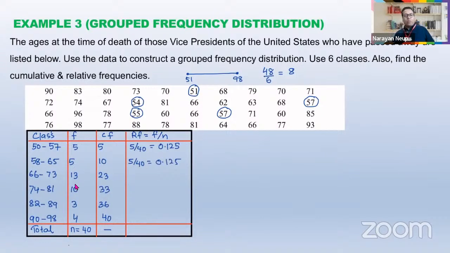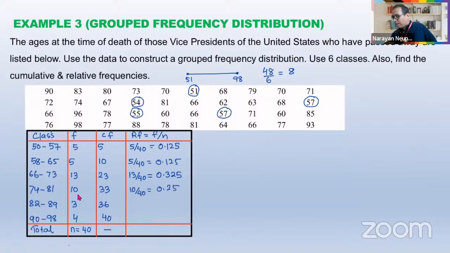The next one is 13, so that is 13 divided by 40. How much is 13 divided by 40? 0.325. That's correct. Okay, next we have a 10, so it will be 10 over 40, which is 0.25.